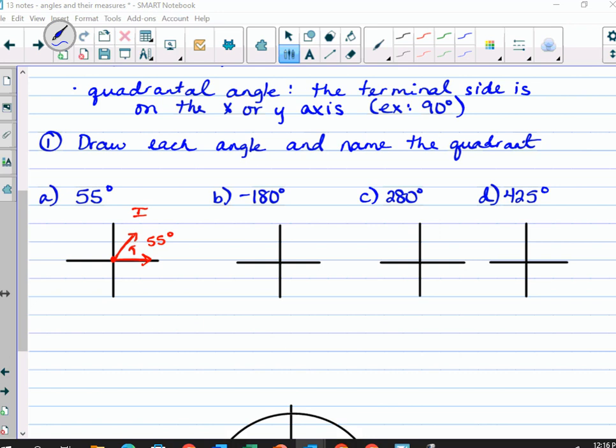How are you doing? Are you stuck on one? It's more than once around the circle, right?